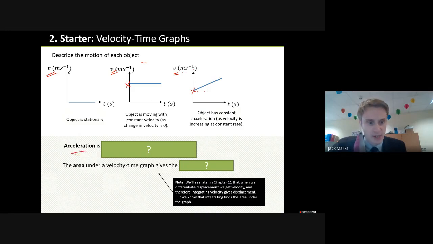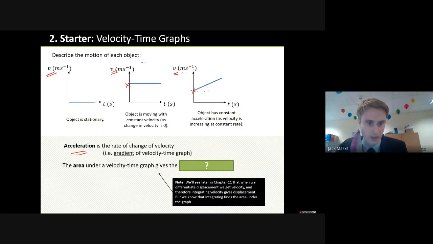Well, here there was no speed, not accelerating. Here I had some speed and it was accelerating more. Acceleration must be given by the gradient then. More formally, it's how velocity changes over time, or the rate of change of velocity.